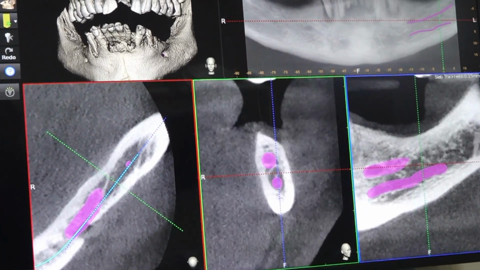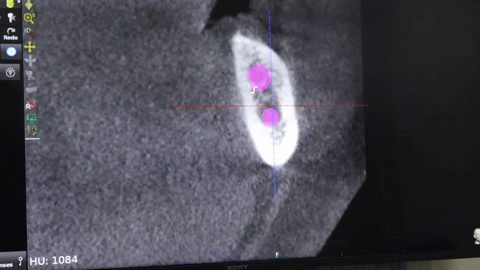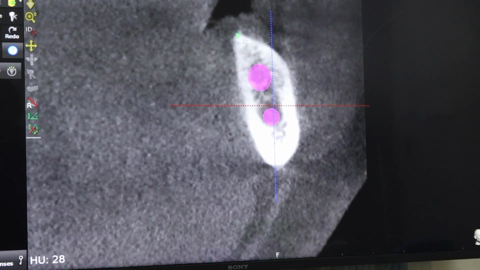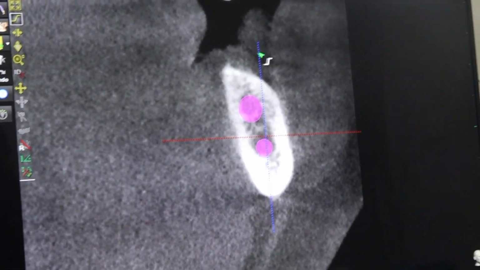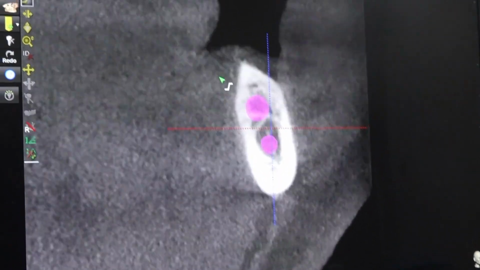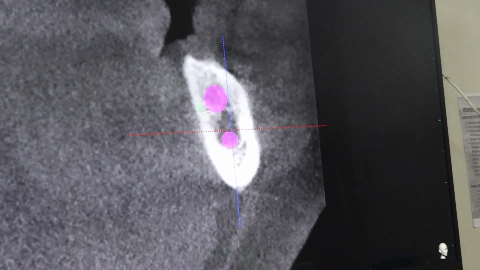Now we'll see the 7 region. Okay, 7 region, there is no mylohyoid ridge, or probably this may be the mylohyoid ridge, we don't know. Or there is no mylohyoid ridge, right?